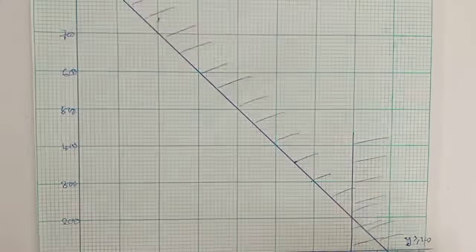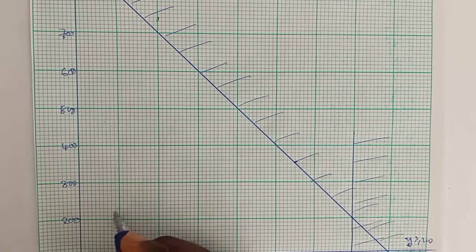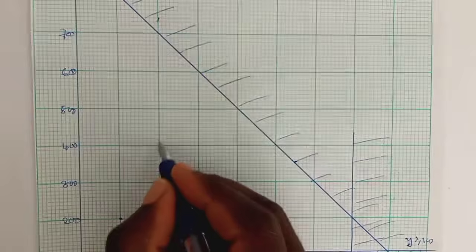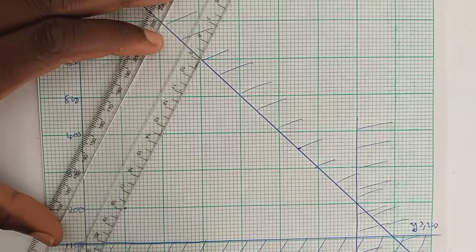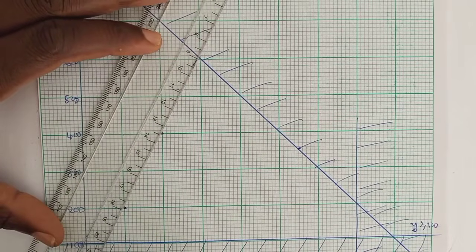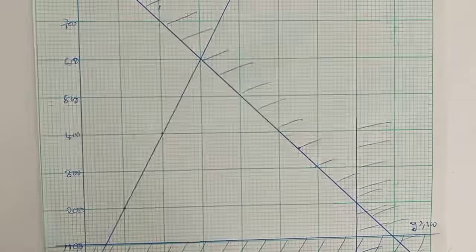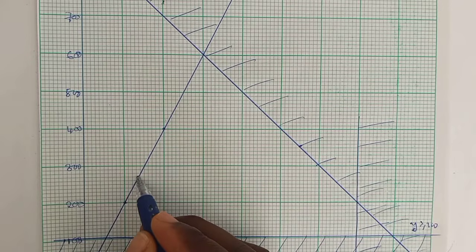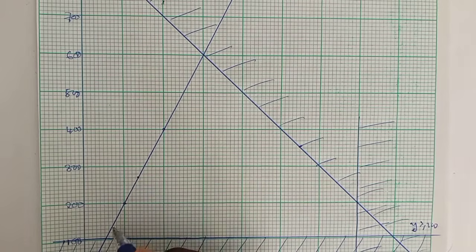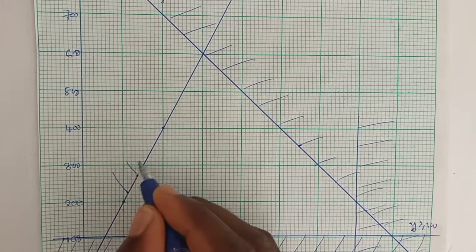We go to the next one. Let me just graph it. It will be like this. It will pass right here. I'll explain how I came about it. So this is how it will look like. The side that I'm supposed to shade is right here.